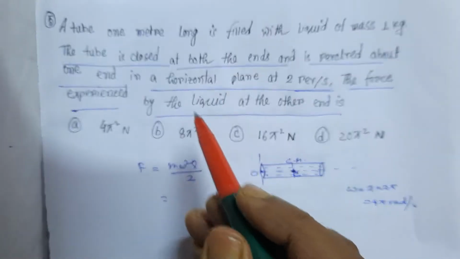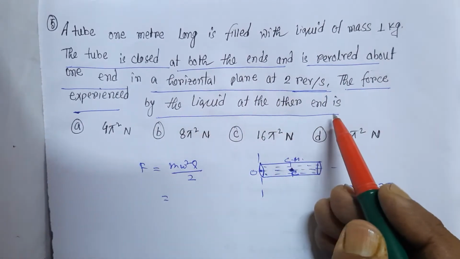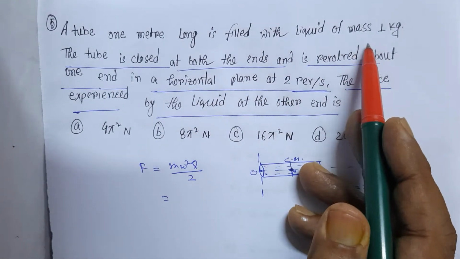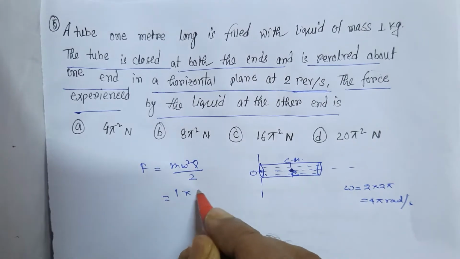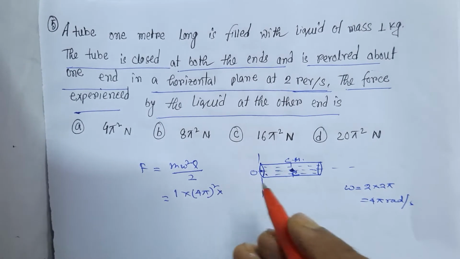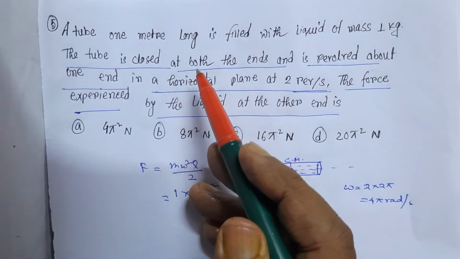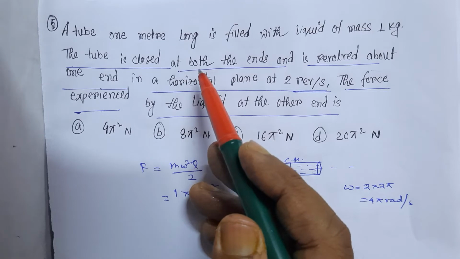Here m, the mass, is 1 kg, omega is 4 pi, whole square, and L, the tube, is 1 meter long.